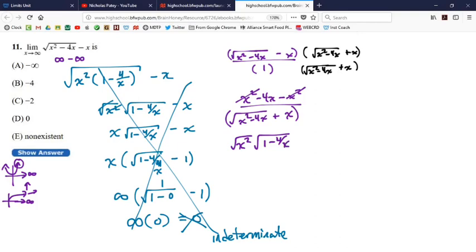We just did this earlier. I took out an x squared from the inside of the square root. That's what's happening right here. When I factor out the x squared, I'm left with 1 minus 4 over x. So I divided that by x squared, and I divided 4x by x squared. What's the square root of x squared? That is x. So this is your plus x.